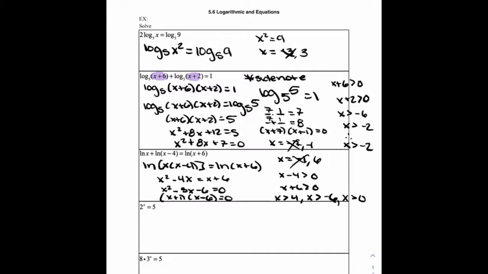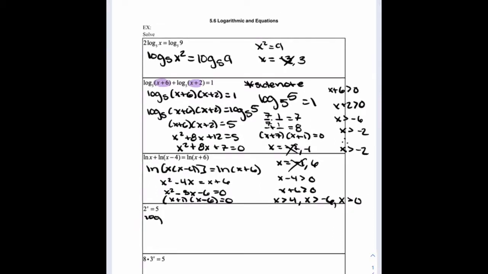Alright, next we have exponents, and we don't really know this one, so we can use log or natural log and kind of use the change of base formula for these. So I'm going to take the log of each side and get log 2 to the x equals log 5. And now these have the same base, but I'm trying to solve for x.